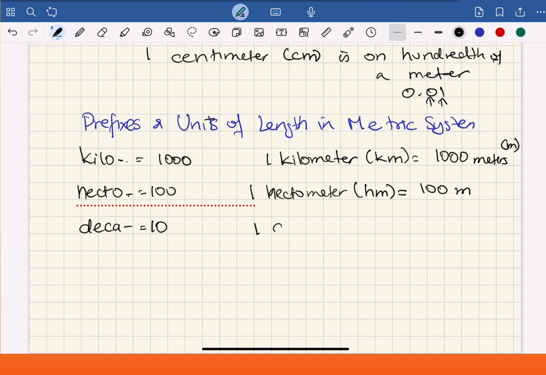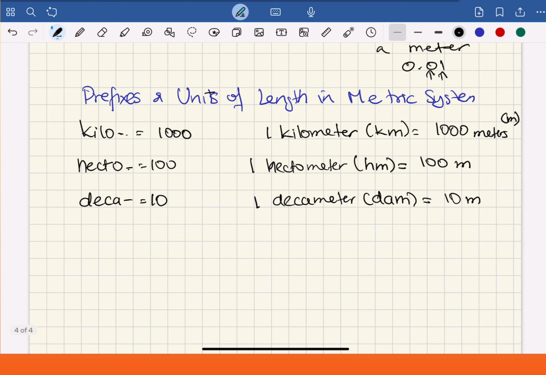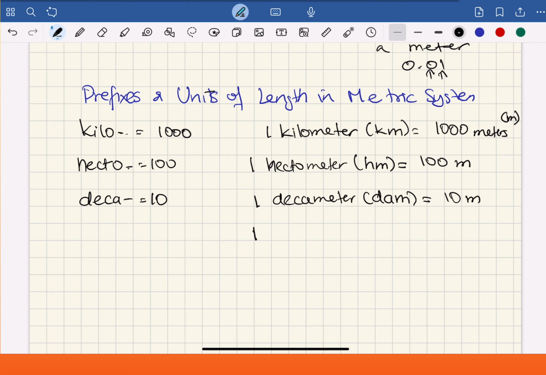So we have 1 decameter, abbreviated DAM, is equal to 10 meters, just like the prefix indicates. And then we have the base unit, which is 1 meter. Basically, 1 meter equals 1 meter. So if you notice, it goes 1, 10, 100, 1,000.